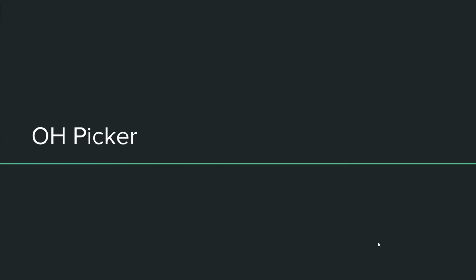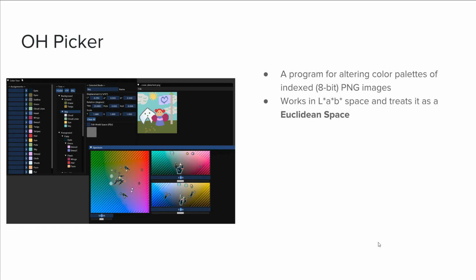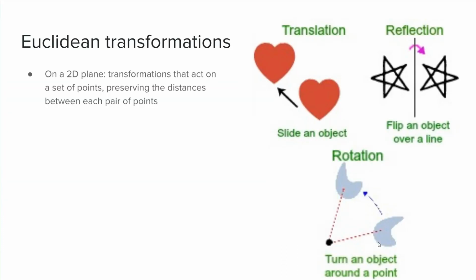So let's talk about the program. OH-Picker is a program for changing the color palettes of indexed PNG images. It uses lab color space, and taking advantage of the perceptual uniformity, it treats these colors as points in a Euclidean space. OH-Picker is able to apply Euclidean transformations to sets of colors.